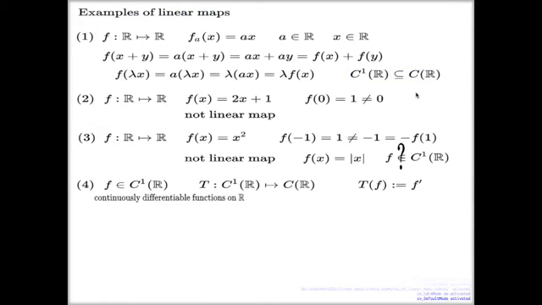So if you're trying to test that C1(R) is a vector space, you don't need to check all of the 10 axioms. All you need is the subspace lemma: you need to test that it has a zero vector, it's closed under addition, and it's closed under scalar multiplication. All you need to do is this, because C1(R) is a subspace in C(R). So it's an interesting point to think about.